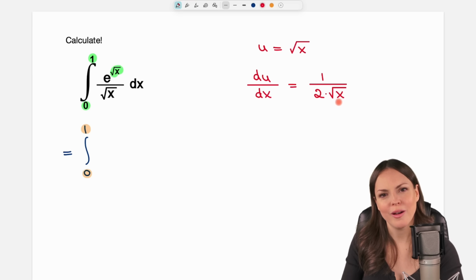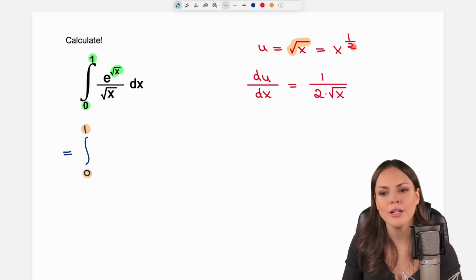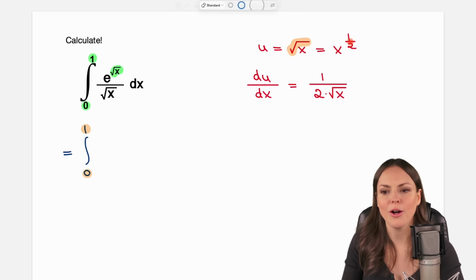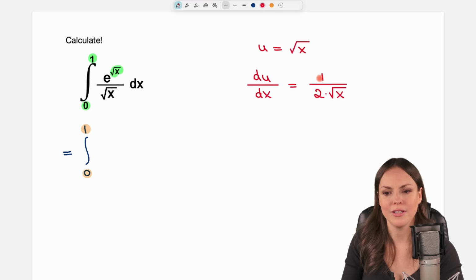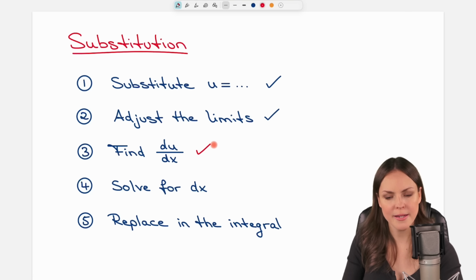If you don't know it by heart, then you have to write the square root as x to the power of 1 over 2, use all the rules, simplify it, and in the end you end up here. But it's a long way, so I would really recommend having this derivative in your head. This was all we had to do in this step, just find du over dx. We have it now. So this was step 3.